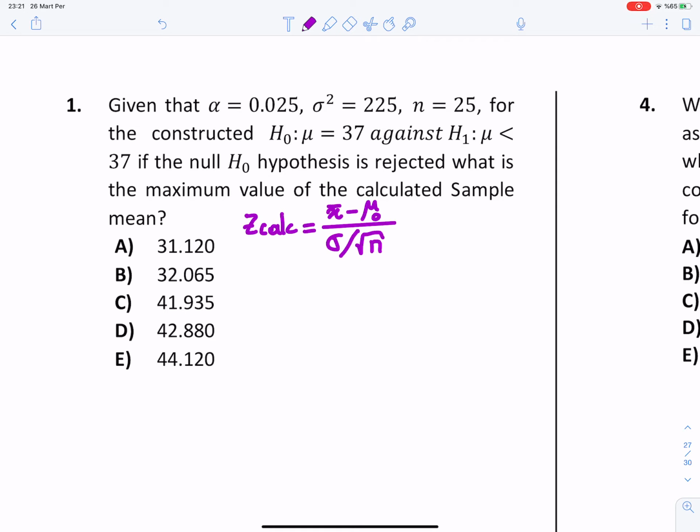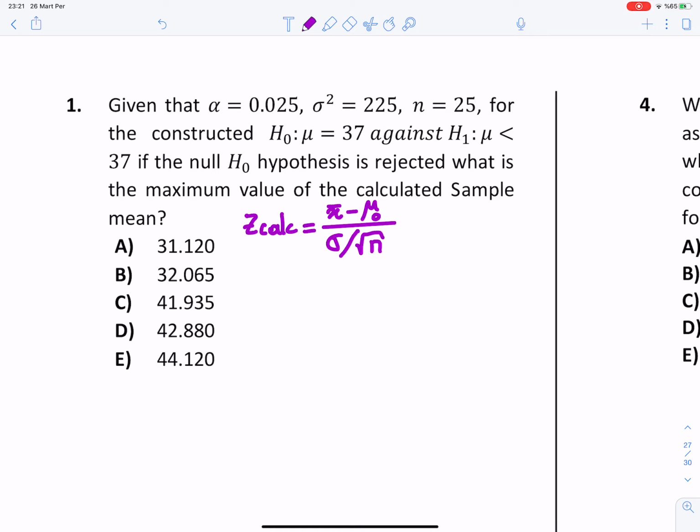You check whether this value is less than the critical value, which should be obtained from the standard normal distribution table.